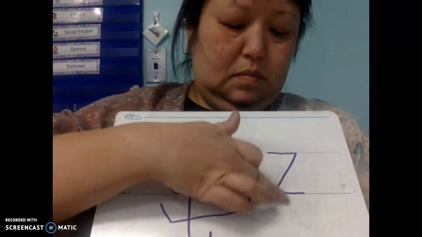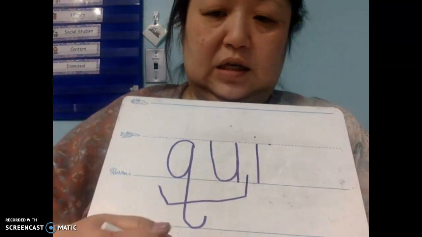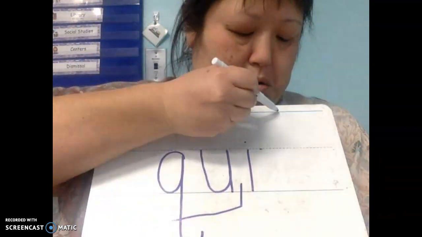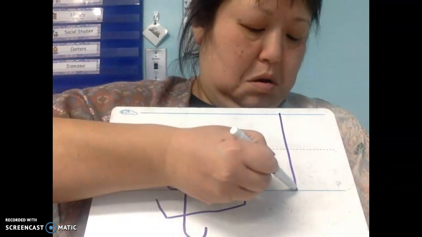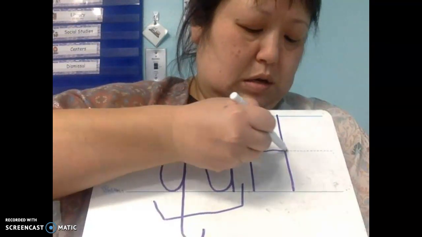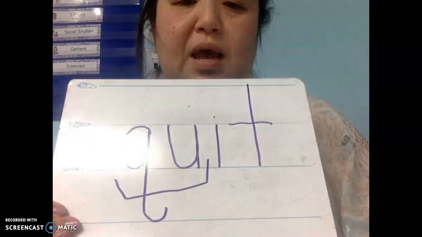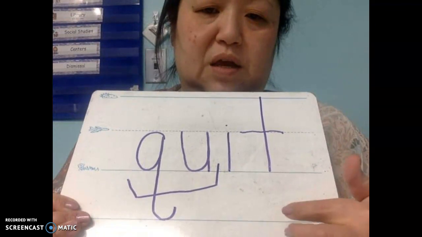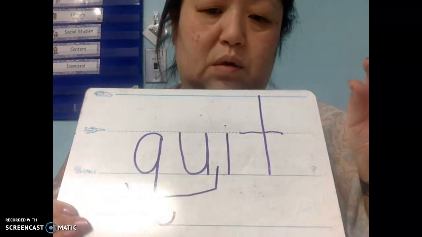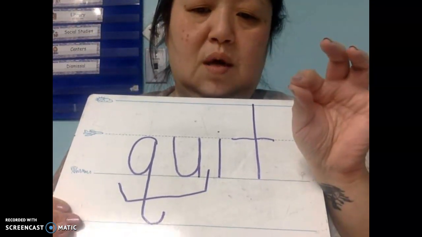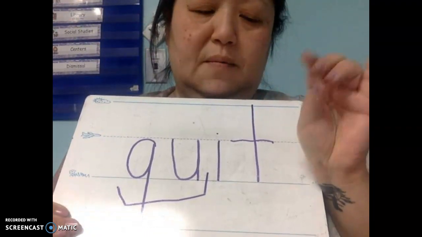Okay, and we're going to change the Z and we're going to make that a T. You ready? And again, remember that QU is one sound. So, qu, i, t, quit. Okay? So that's another word that we can tap.